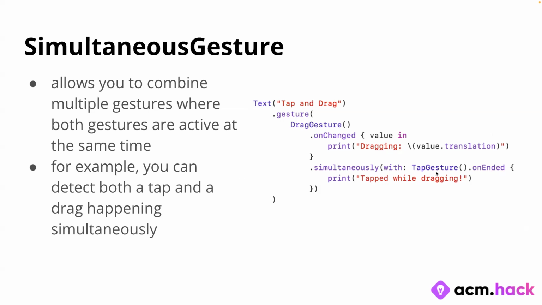Here we have the drag gesture syntax again, tracking something with onChanged, but we add .simultaneously here, and then the tap gesture with onEnded. Basically, this says we want to detect the drag and the tap together, and then this will print tapped while dragging.